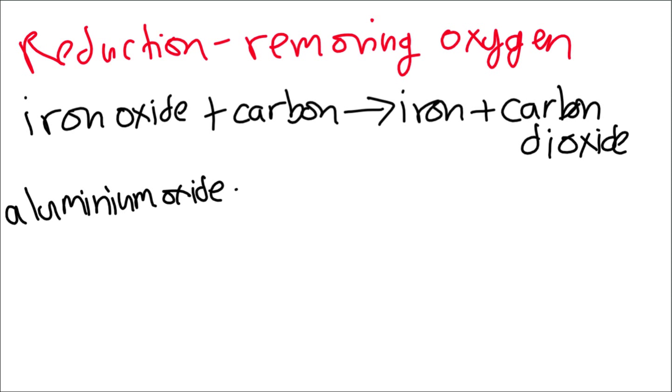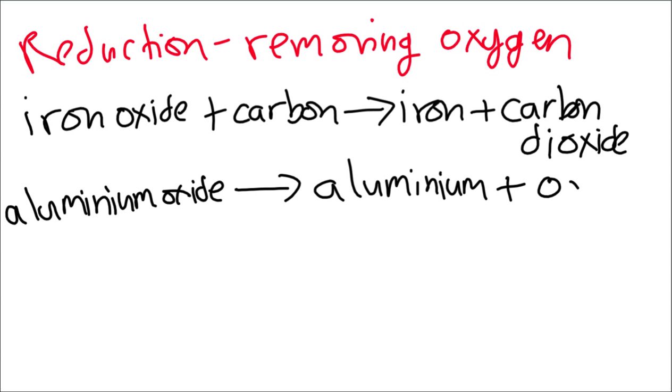You're going to put the electrolyte, that aluminium oxide, with the electrodes, and you're going to produce aluminium plus oxygen. Now these are both different reactions, but they both come under this umbrella of reduction because you are removing oxygen from that metal oxide.